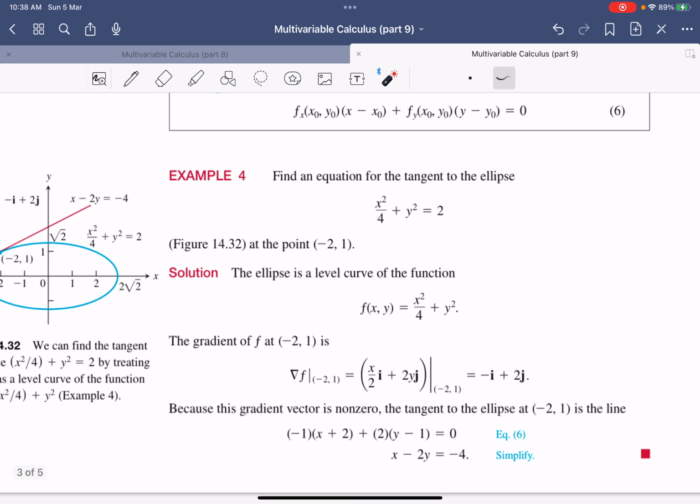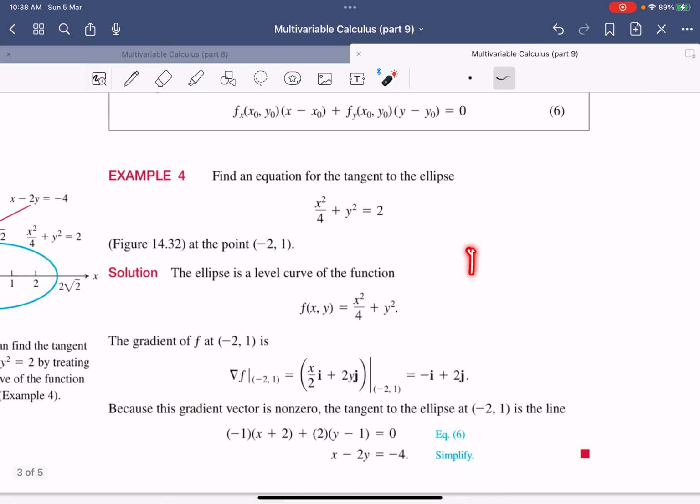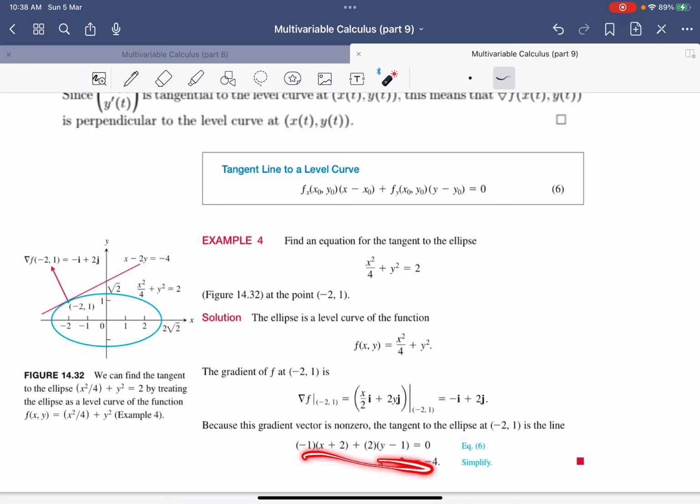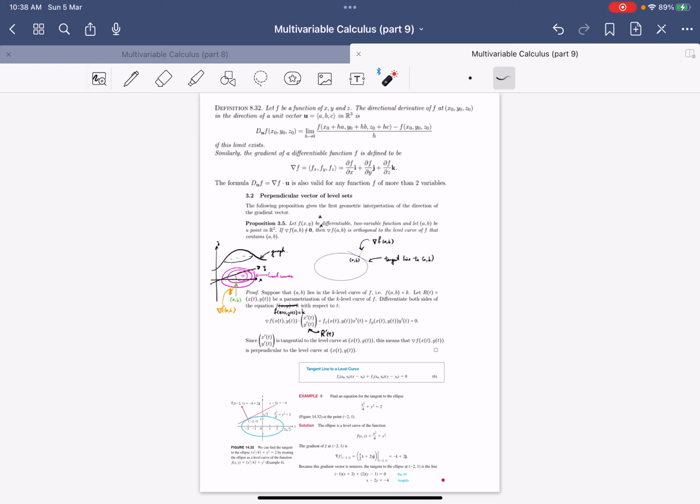And so we know that the gradient will now be m equals 2. So this gives you the tangent line of the ellipse quickly.